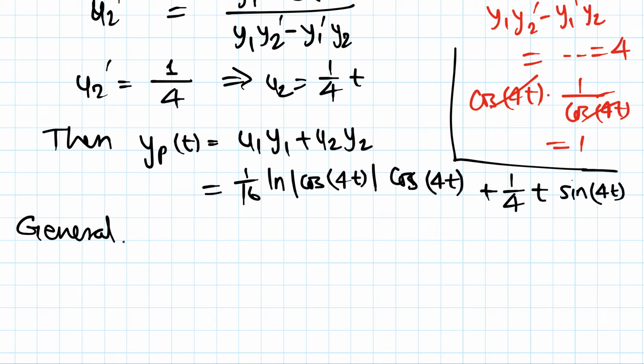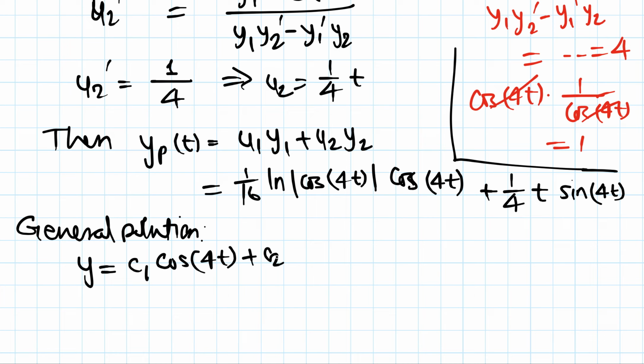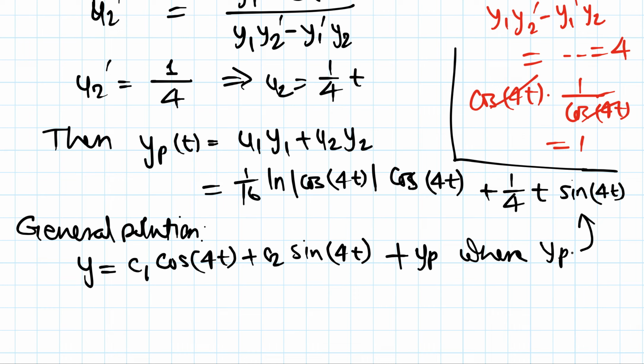So the general solution is y equals yc, which is c1 y1 plus c2 y2, plus yp, and yp is given here. You just want to copy it here, where yp is, and that's the final answer.